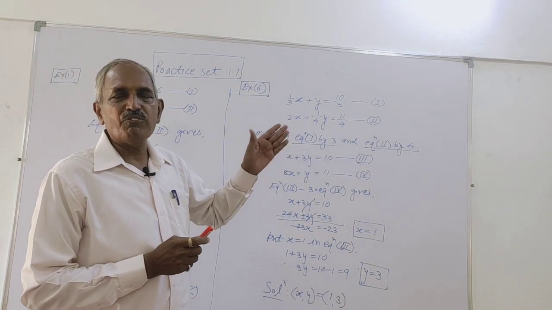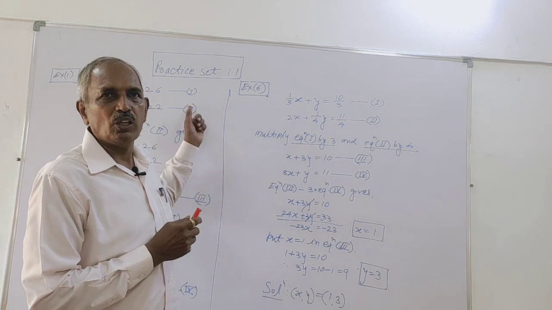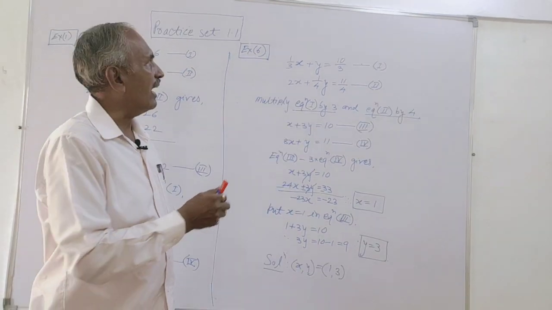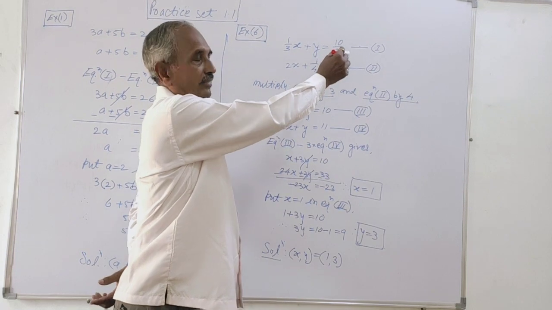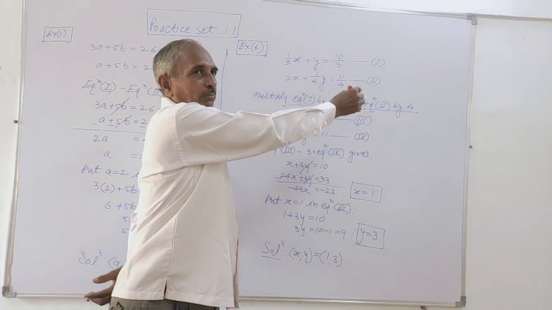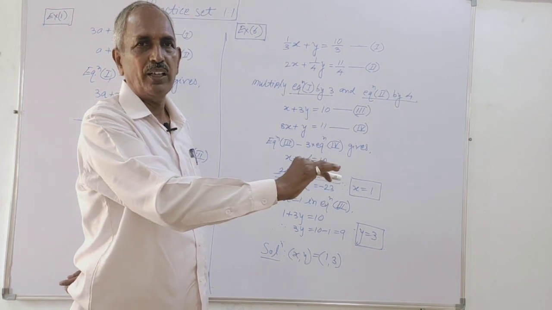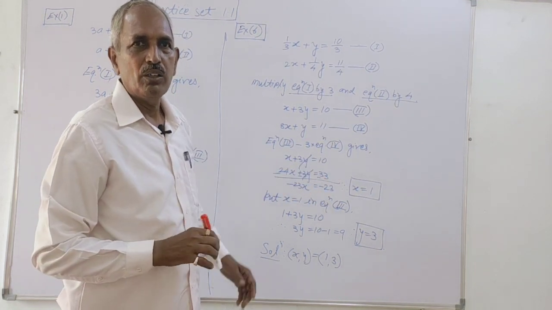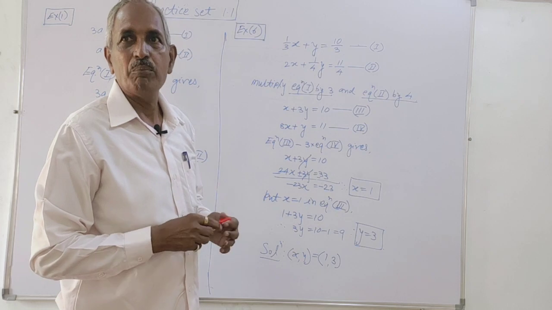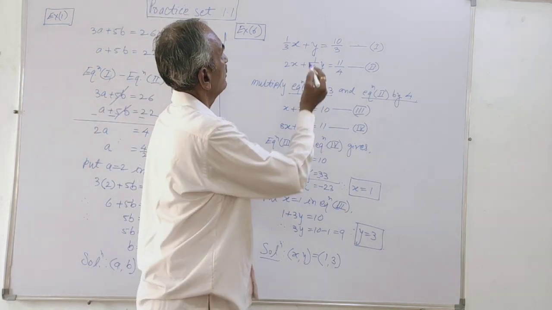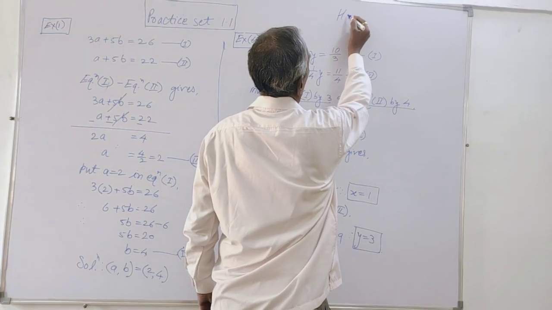The second, third, fourth and fifth examples you have to solve at home, and the remaining examples from 7 onwards you have to solve at home and bring them tomorrow. I will check the examples.